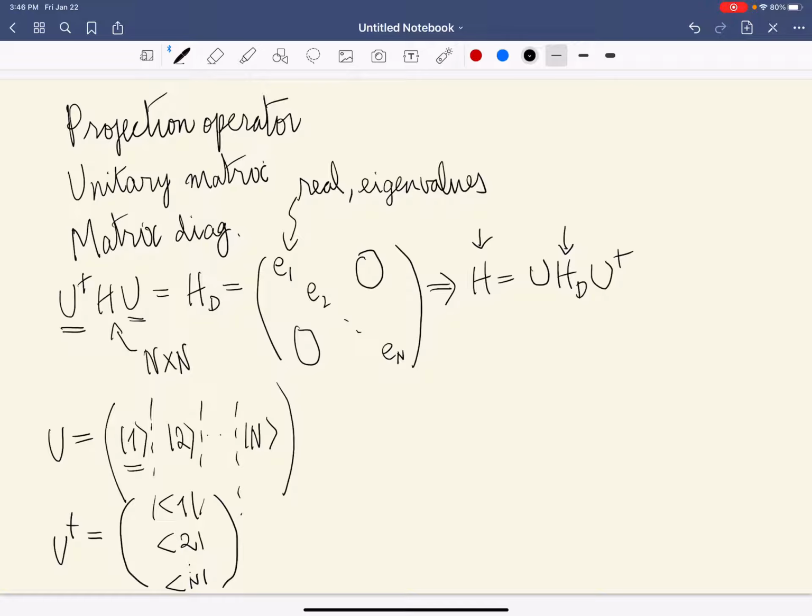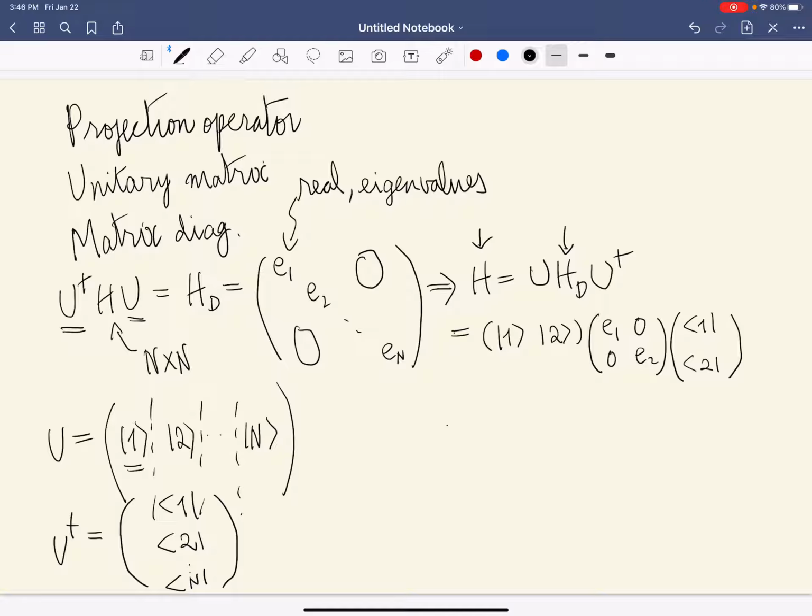The reason why we do this is perhaps most transparent when we write this whole thing out explicitly in the case of a two-level quantum problem, so that the unitary matrix consists of these columns of two different eigenvectors, and the diagonal is a set of two numbers. And for the U dagger, we have these row vectors.